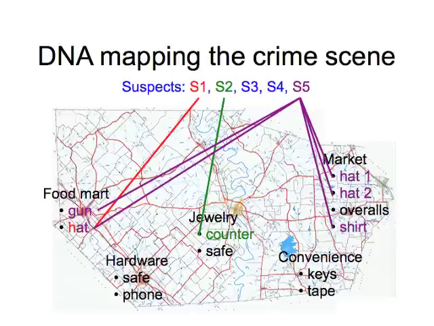Looking at this visually, we can see how the computer has mapped the crime scene of evidence to suspect in this county for this gang. There are 5 suspects. In red, the gang leader, indicated as S1, we see is tied to the hat mixture that was left at the food mart, shown in the west.